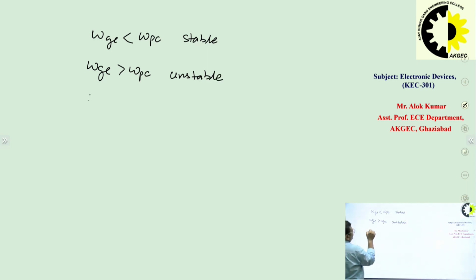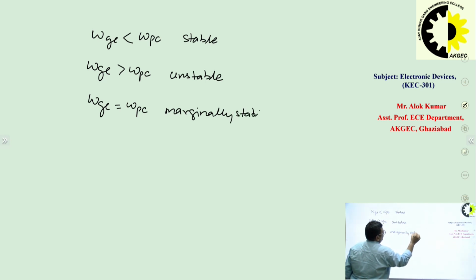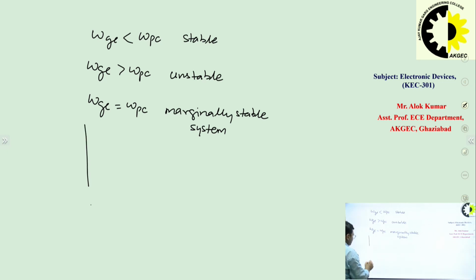And if omega GC is equal to omega PC, then the system will be called a marginally stable system. So for these three conditions, we can draw different polar plots.